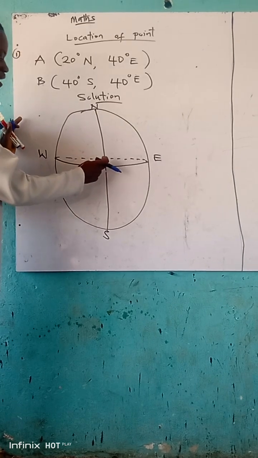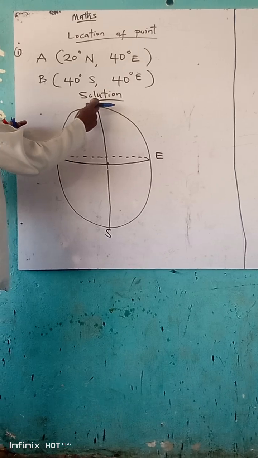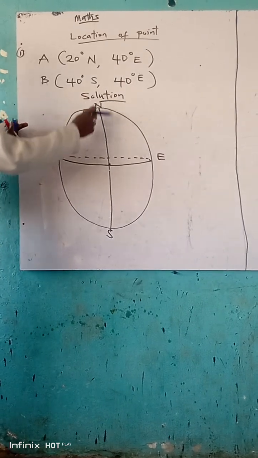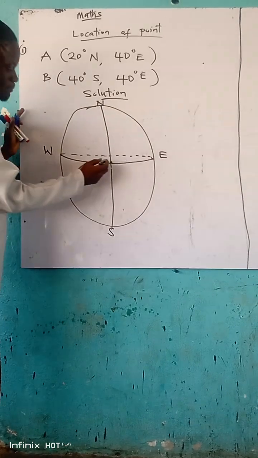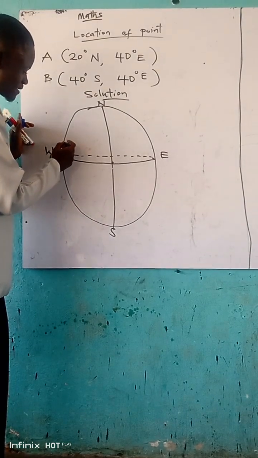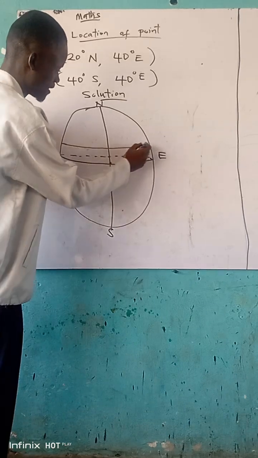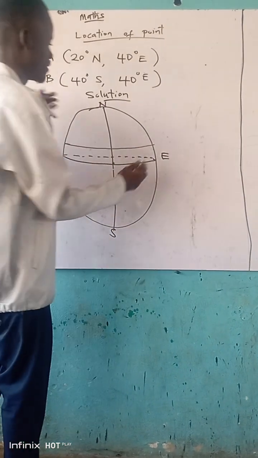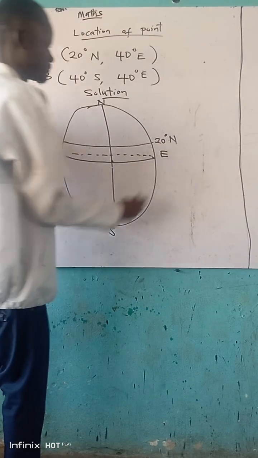And remember from the 0 point to the end of this hemisphere is around 90 degrees. So let's measure 20 degrees out of 90 degrees. We can estimate our 20 degrees to be somewhere around here, and we call this place our 20 degrees north.